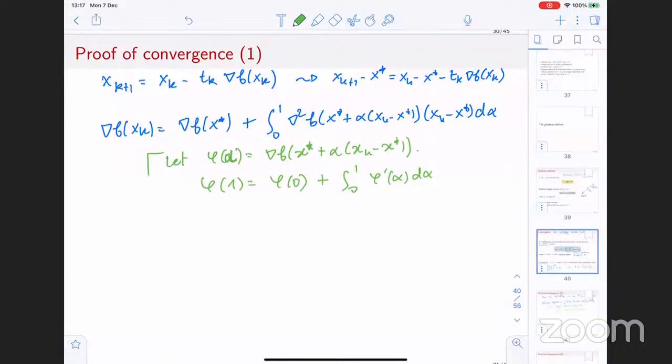And phi prime of alpha, if you use the chain rule, is equal to the Hessian of f at x star plus alpha times (x_k minus x star), times (x_k minus x star). This is by the chain rule.